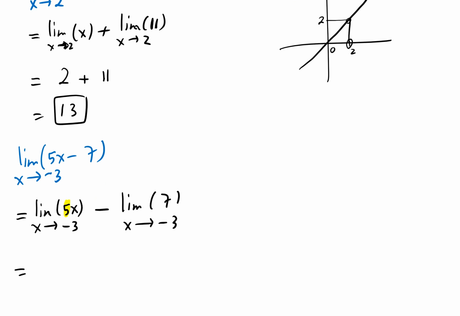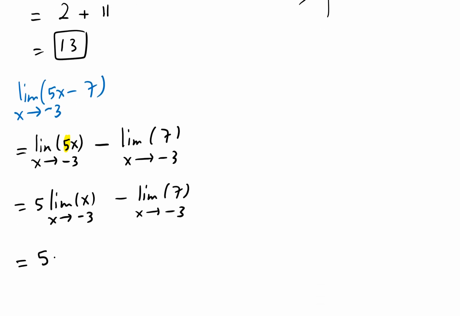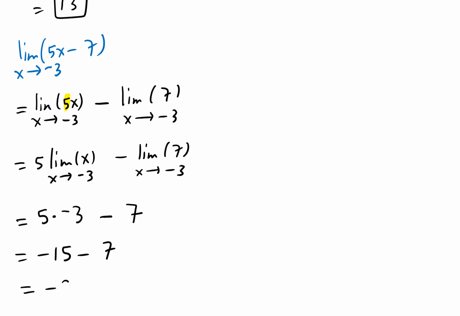If you go back to law number 5, you can pull that number out first. 5 times the limit of x as x approaches -3, and keep everything else the same. As we did in the previous example, that's 5 times -3, minus the 7, which is a constant and stays the same. -15 minus 7, -22.